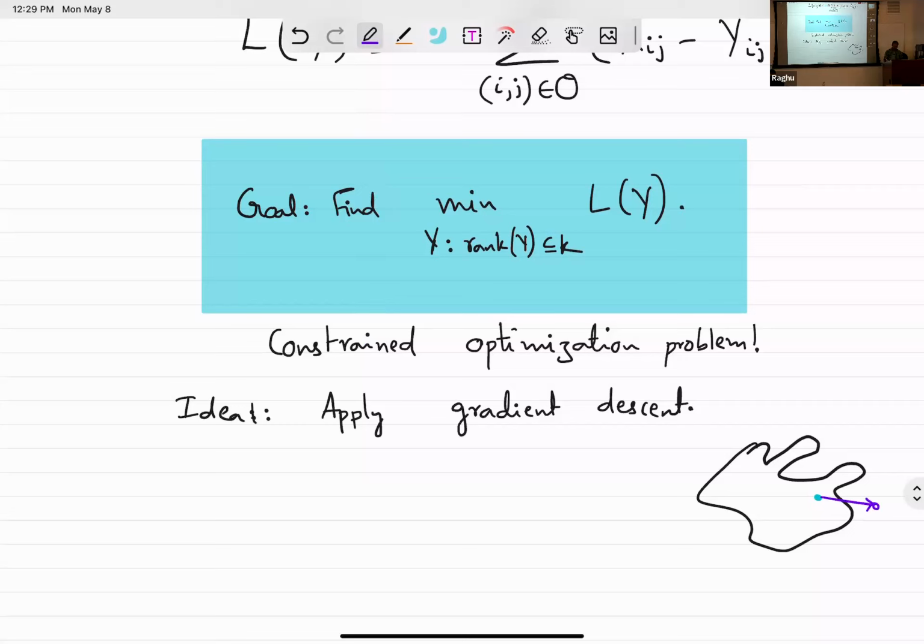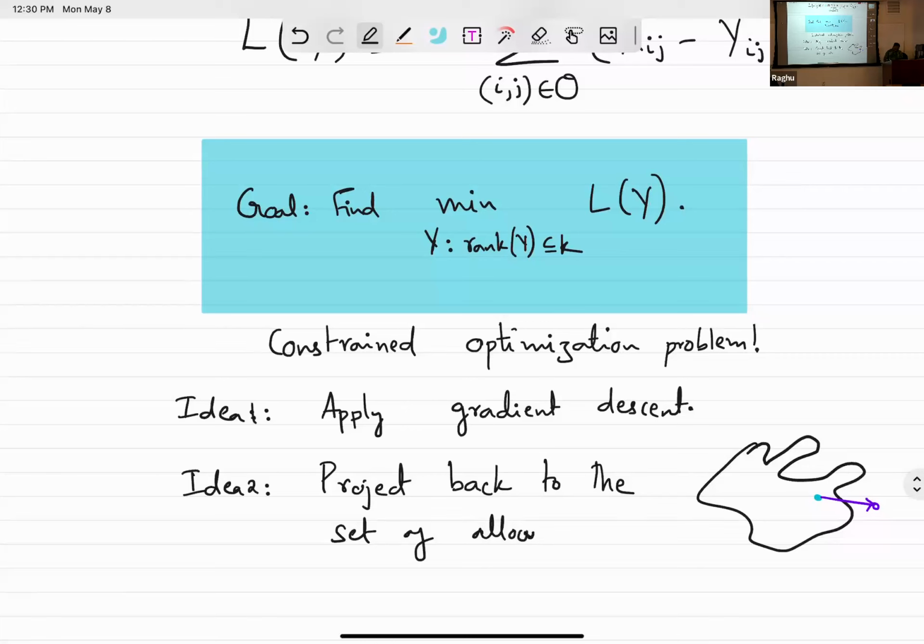Okay. And what do you do in such scenarios? We could hopefully project back to the set of allowed solutions. Okay, so you want to come back to the set of allowed solutions.